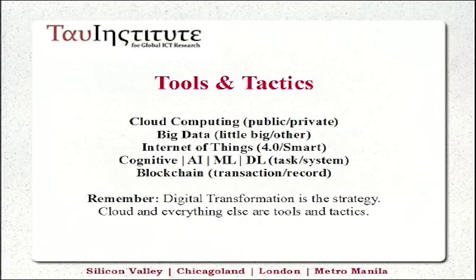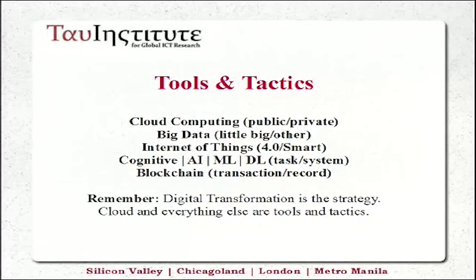And so therefore we get down to what people think the topic of these talks should be, which is what I call the tools and tactics. Cloud computing, big data, Internet of Things, which is purportedly the topic of this whole track, cognitive and everything that goes with it, and blockchain, which you've probably heard about.